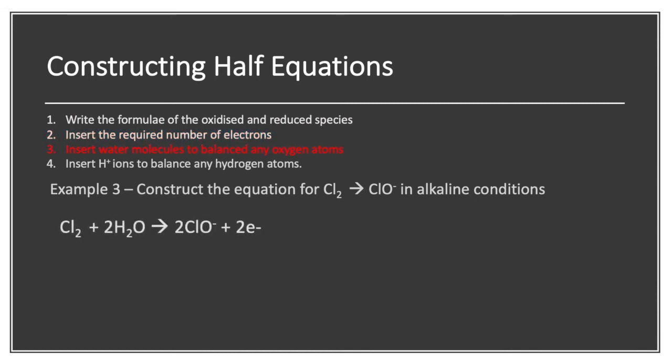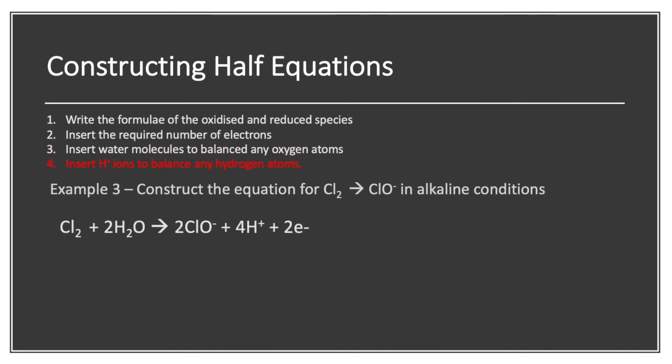Now I need to insert the water molecules. So you can see I had 2 ClO- on the right, so I need to put in 2 H2O on the left. And finally, I'm going to balance those 4 hydrogens on the left hand side with 4 H+. If you have a look in the example, it tells you that this reaction is done in alkaline conditions.